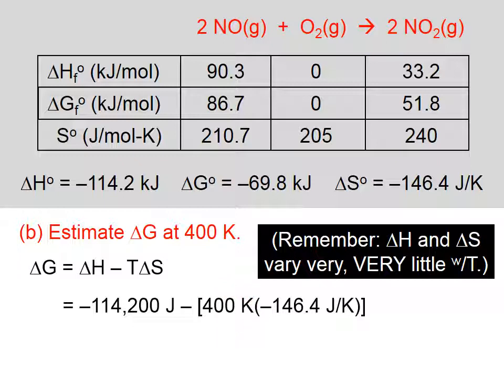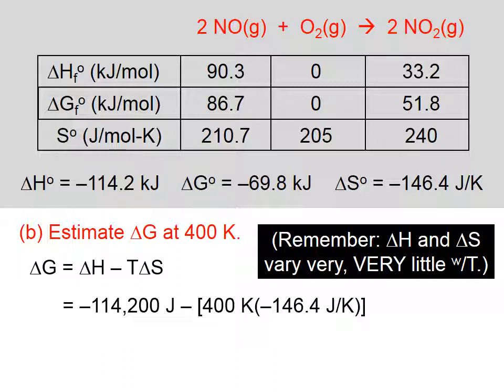We need to be careful here that we have the units correct. If you look right in the middle of the screen, these are the values that we calculated on the previous slide. Delta S naught, this is on the right side of the screen, is in joules per Kelvin, and delta H naught, this is on the left side of the screen, is in kilojoules.